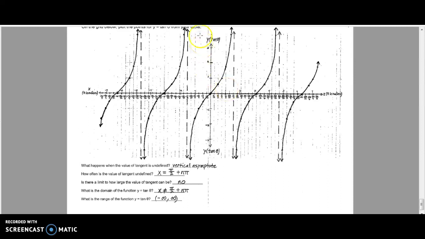But this time when we break it into 4, we're going to have the center in the middle, and those other 2 parts will give us the elbows that you'll see in a little bit here. So you're still going to take the full period and divide it by 4 so that you can use that to get your important points on your graph.